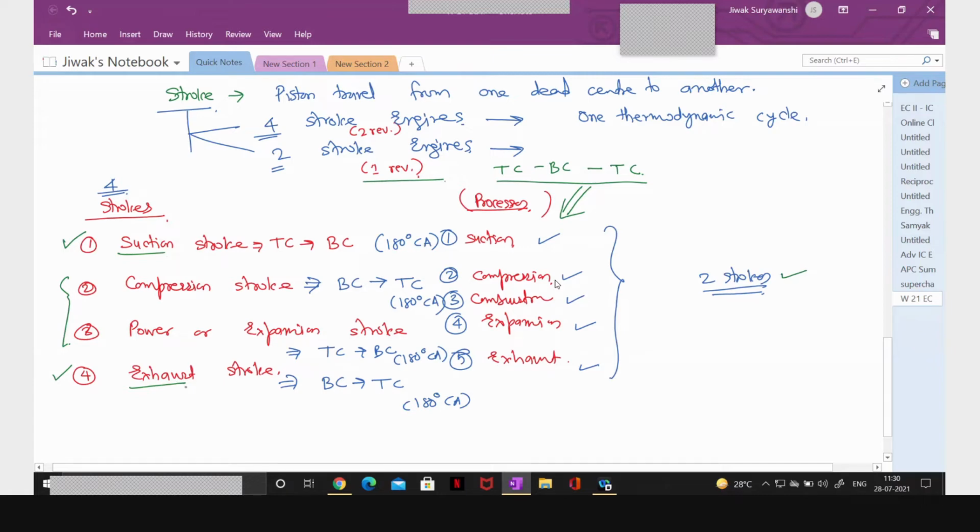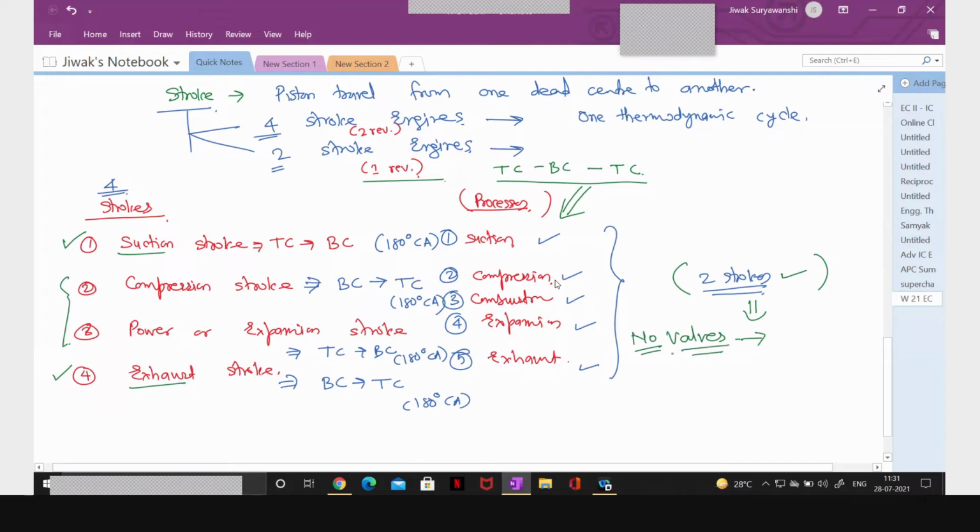So how do we make the arrangement? First, we'll eliminate the valve actuation mechanism or valves. In the case of a 2-stroke engine, there are no valves. But you have to make a certain arrangement for the flow of fresh charge and burnt gases.